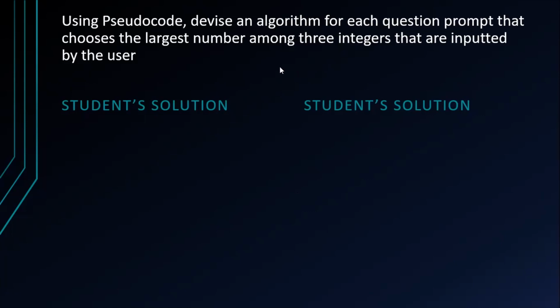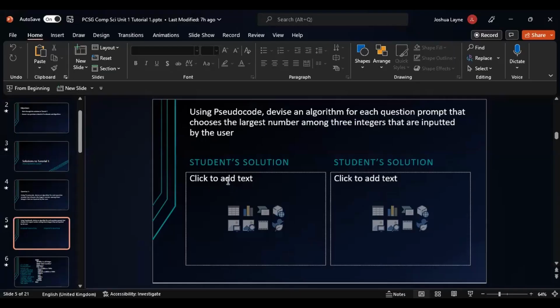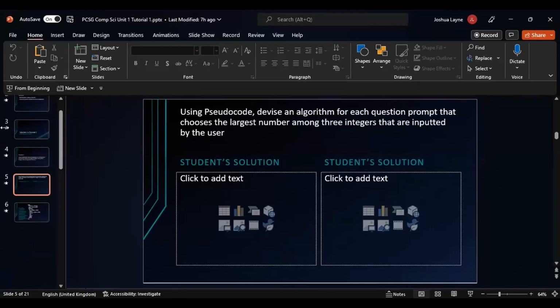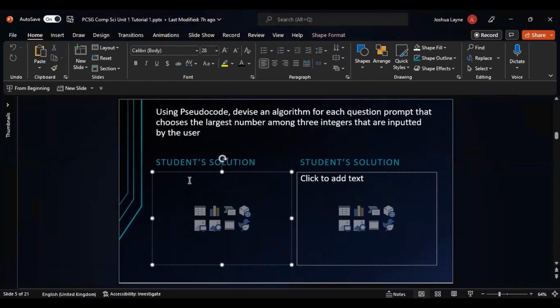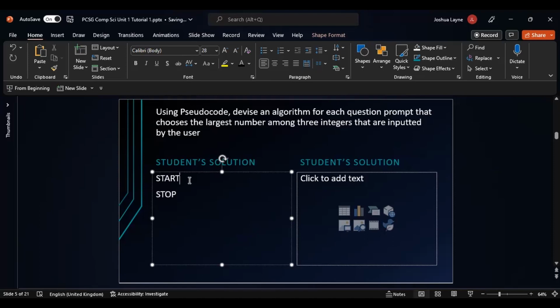All right, so first you would have to accept the three integers. So prompt the user. We'll just have start and stop here to represent the beginning and the end of the program. So you would have to prompt the user. So what will be your prompt here?